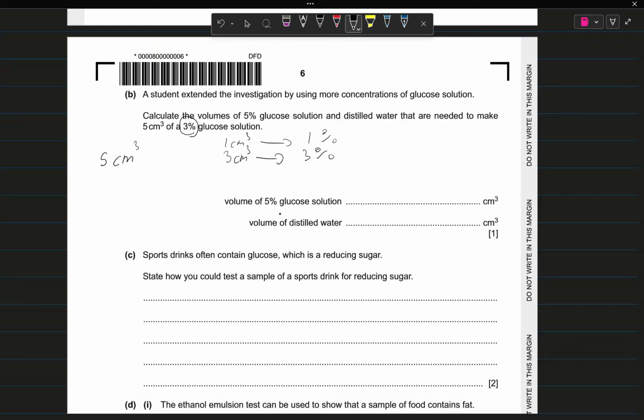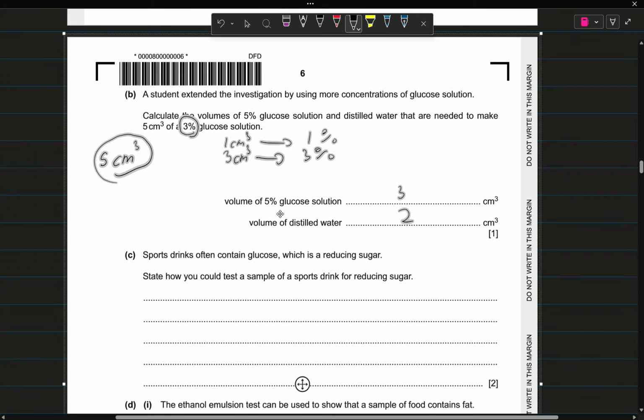So the volume of 5% glucose solution, which after all is the source, will be 3 centimeter cubed. Then to make it up to 5 centimeter cubed, we should add a further 2 centimeter cubed of distilled water. This is how you assess and answer this question.